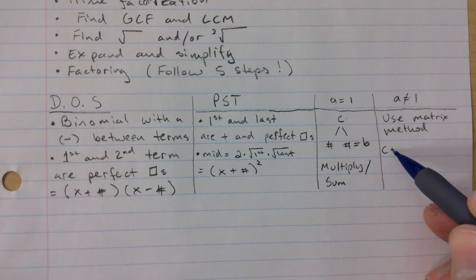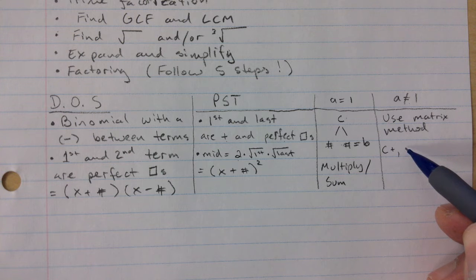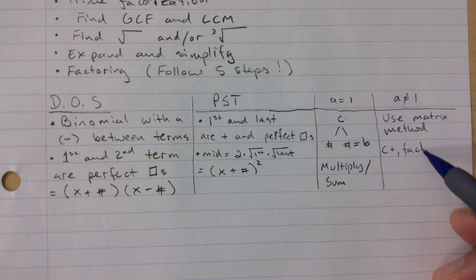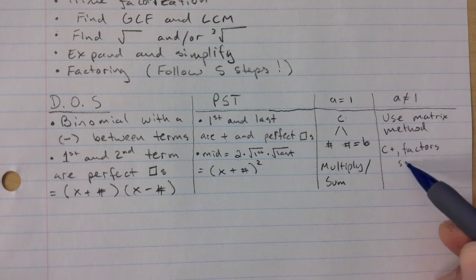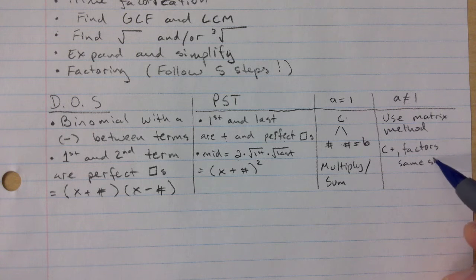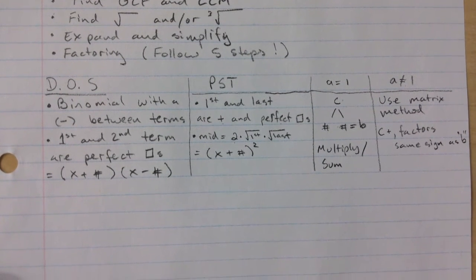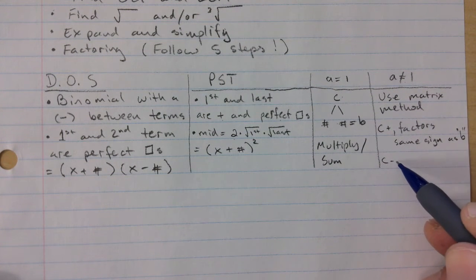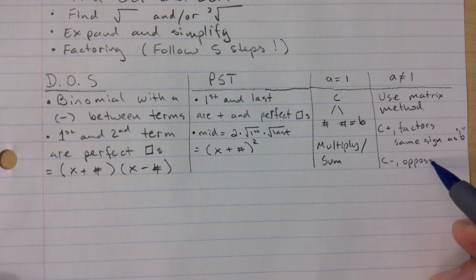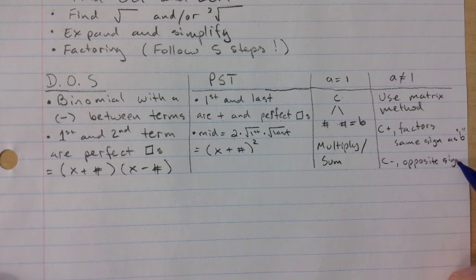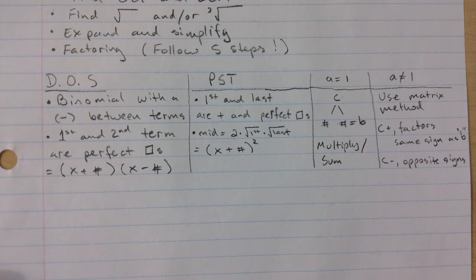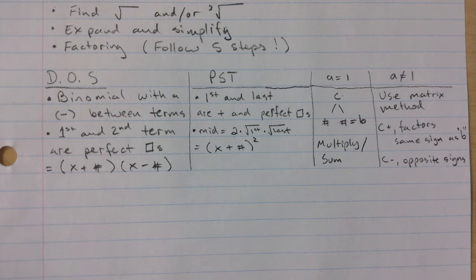If C is positive, then factors have the same sign as B, right? If C is negative, opposite signs, right? Your factors will have opposite signs no matter what you do.